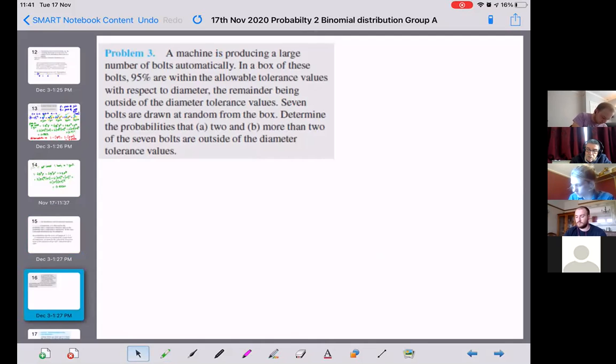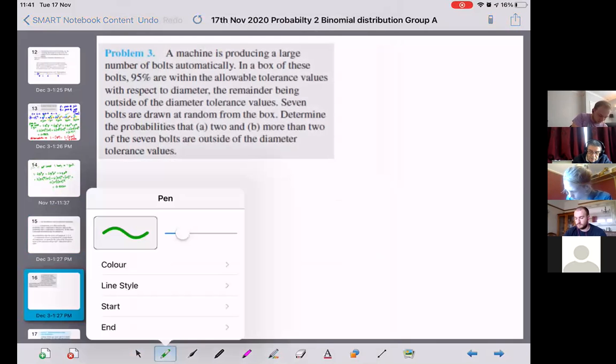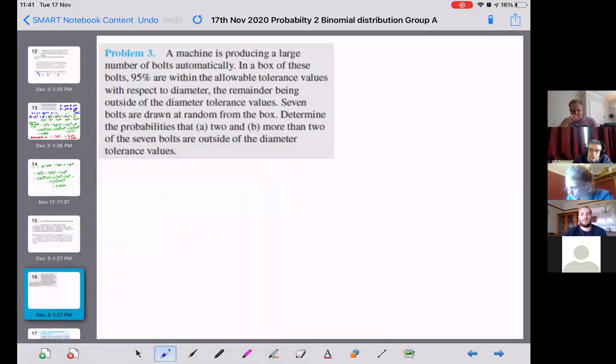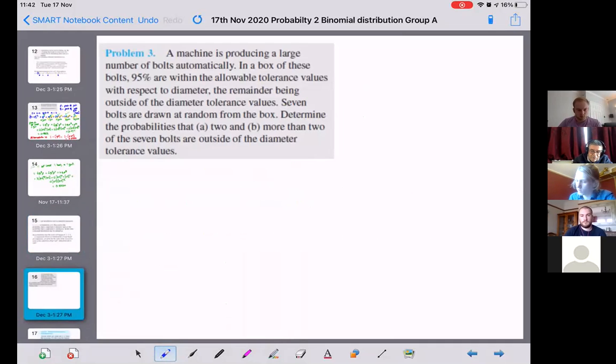So first of all, what is P, which is the probability that an item chosen is good? Hope I got that the right way round. P is used for the probability that it is defective, sorry, P is defective. So in this case, what does P equal? 5%.